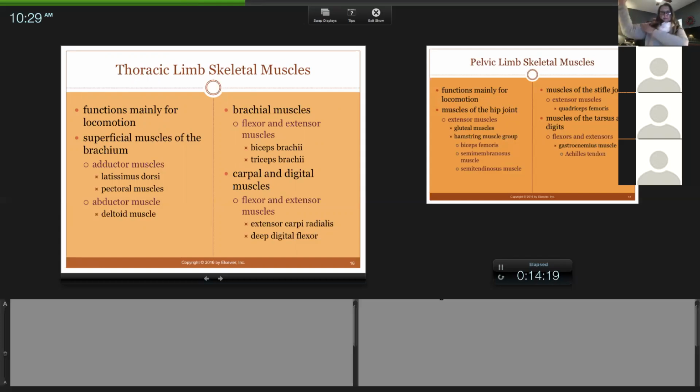Okay, biceps are here, triceps are here. So if you think about this, the way they're going to pull the limb is they can extend this limb. They can also pull, and by doing that, they can flex the shoulder.